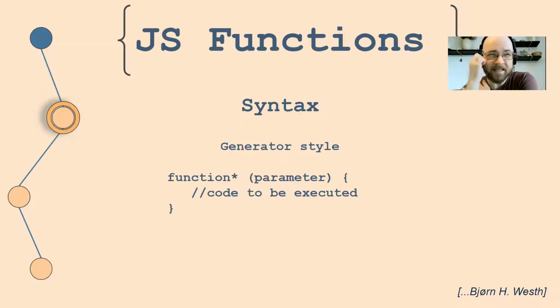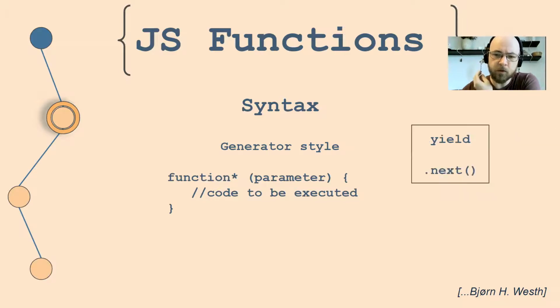Then you have a generator function. Now these are quite exciting, but also quite advanced, and front-end developers will probably never use them, to be honest. They allow you to use different keywords such as yield and .next. So if you know Java and you know an iterator, it's basically the same thing. You can create an object where you can have generation of values, but you don't generate them yet.